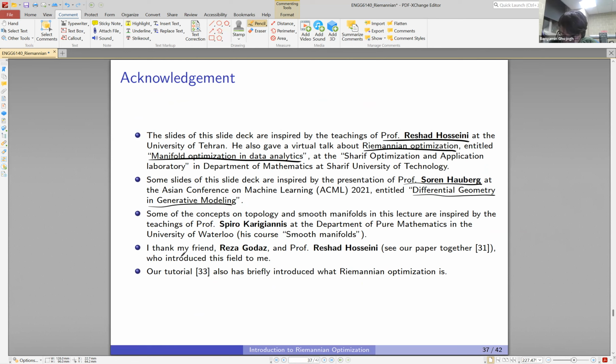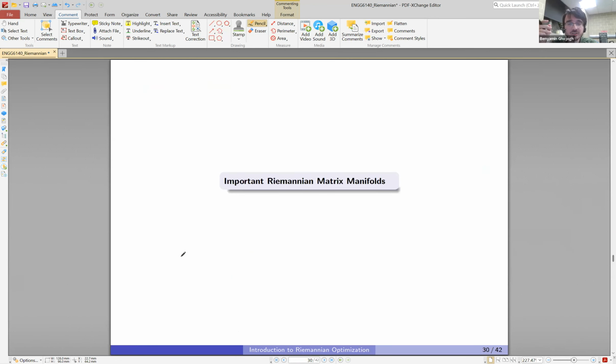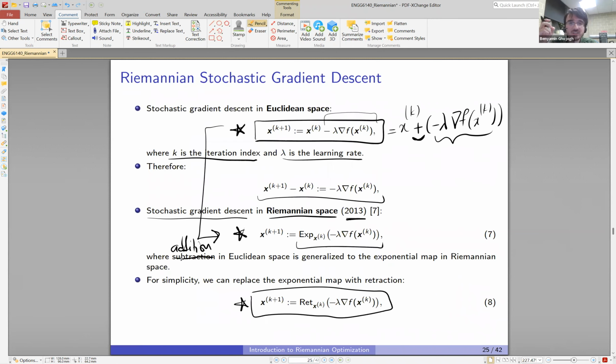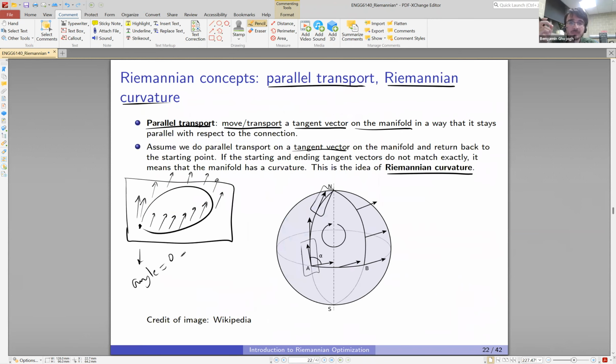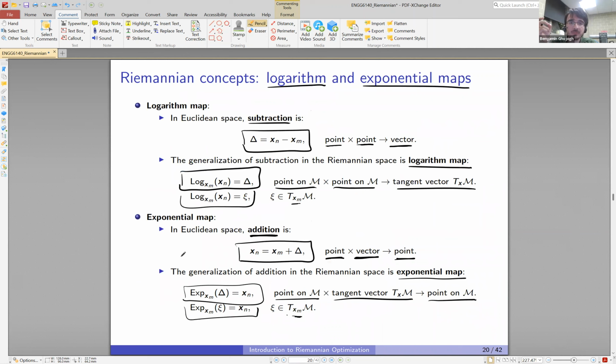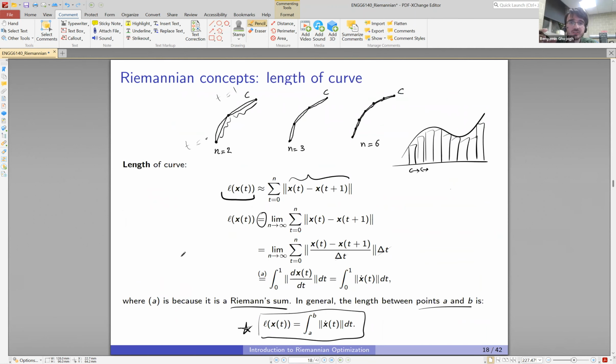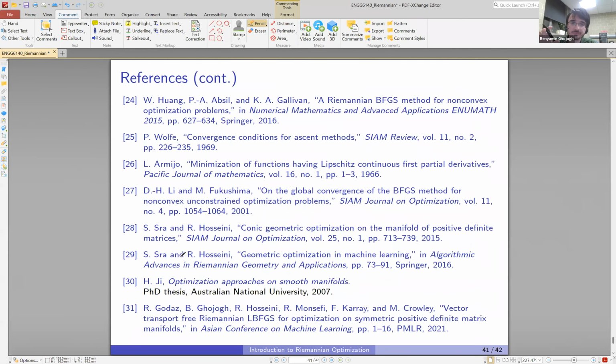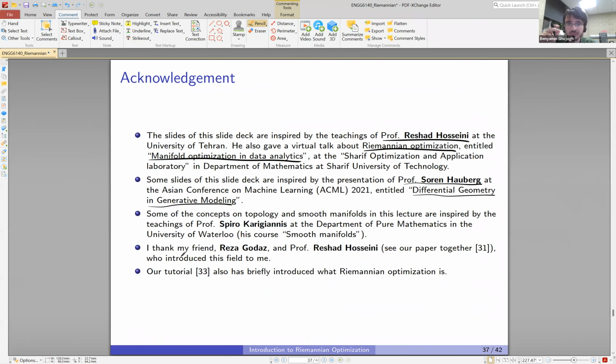I was inspired especially on the things about subtraction and addition becoming the logarithm map and exponential map respectively, and also the curvature of the length. I was inspired by his lecture, the lecture of Professor Søren Hauberg.